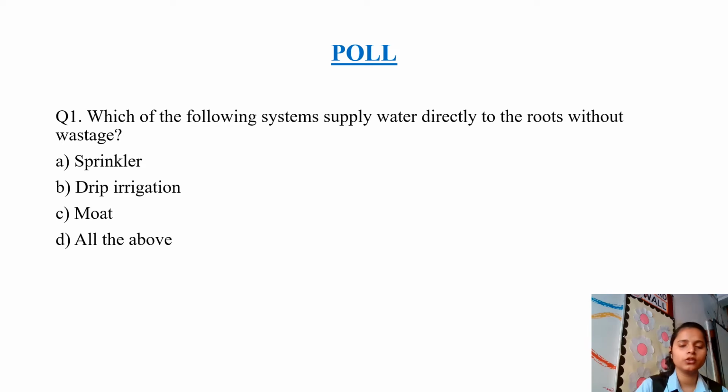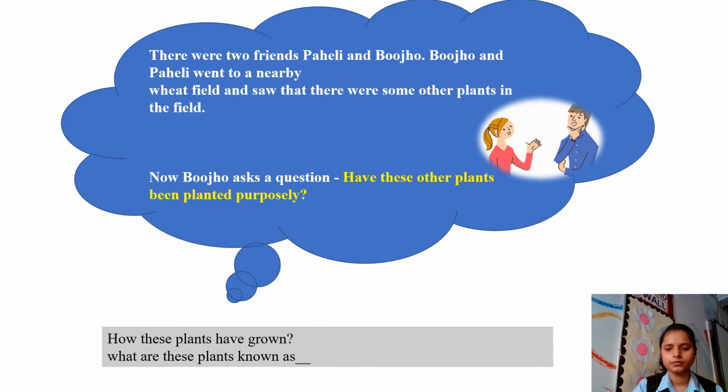You can write down your answers in the chat box. Yes, you are right. So the right answer is drip system, as we know that in this system, water falls drop by drop at the root of the plant. Now let's move further.